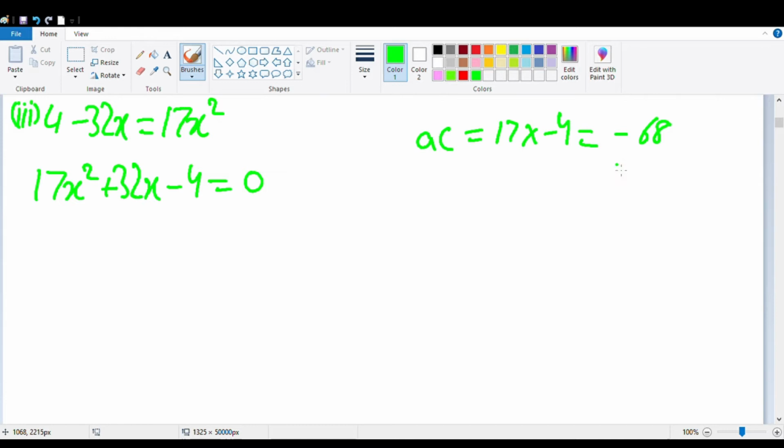And the factors of positive 68 are 1 into 68, 1 into 34, and 4 into 17. And after that, they just repeat again. So now, once again, we have 6 case scenarios that there can be.